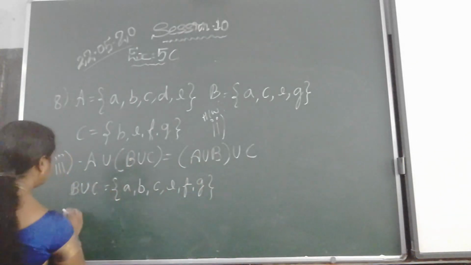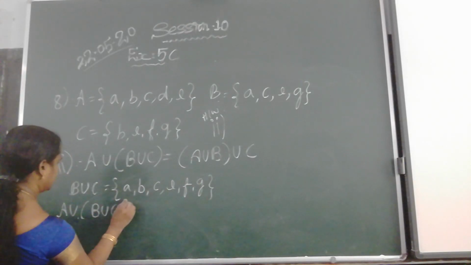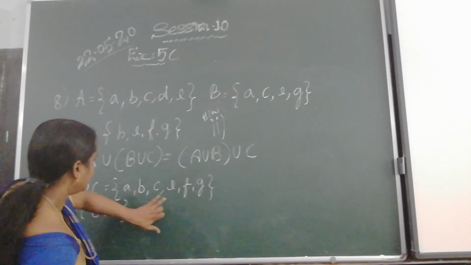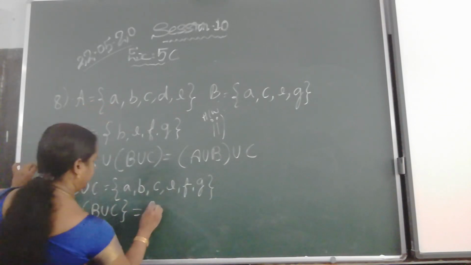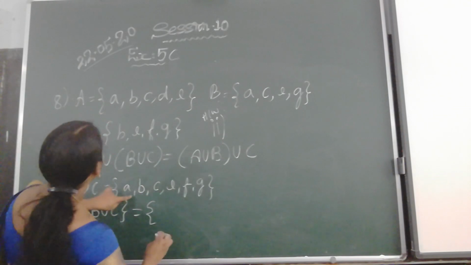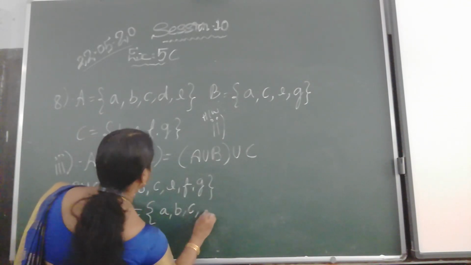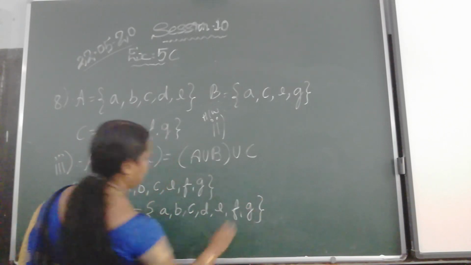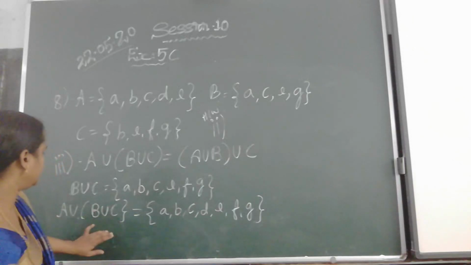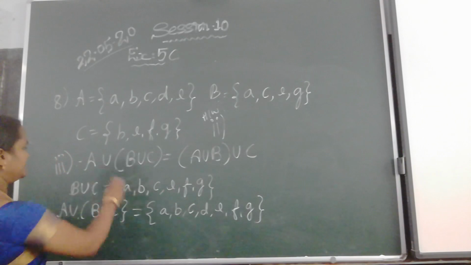Okay. Now A union B union C. That means A with B union C we have to compare. That means we are getting here A, B, C, D, E, F and G. This much we will get in A union B union C. This part is finished.